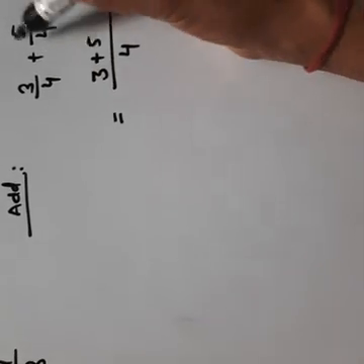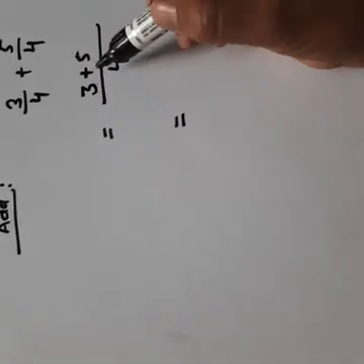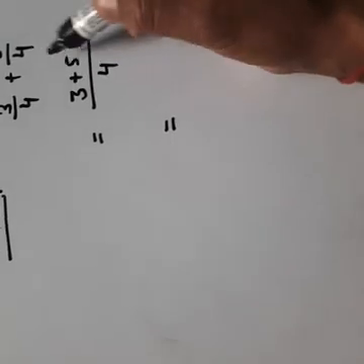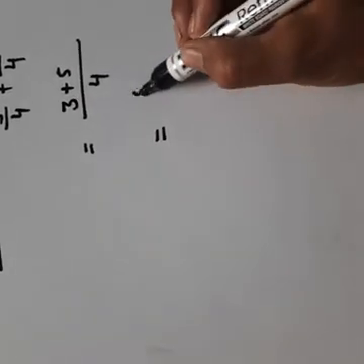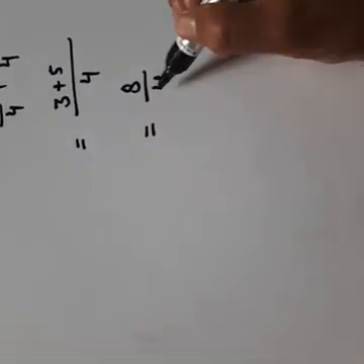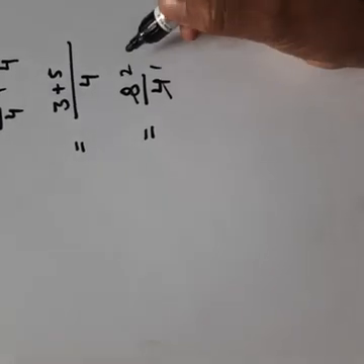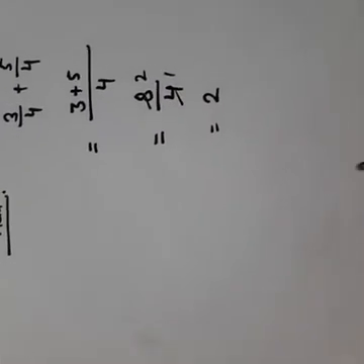Both fractions have the same denominator, so there will be no problem. 3 plus 5, in the numerator we get 8, and the denominator will be 4. We can solve it further: 4 ones are 4, 4 twos are 8. So the final answer is 2 upon 1, or 2.